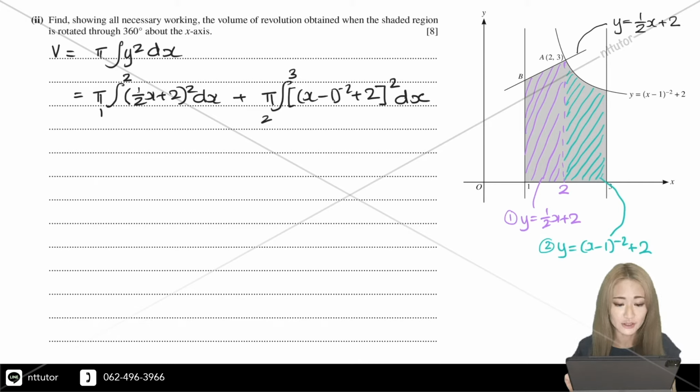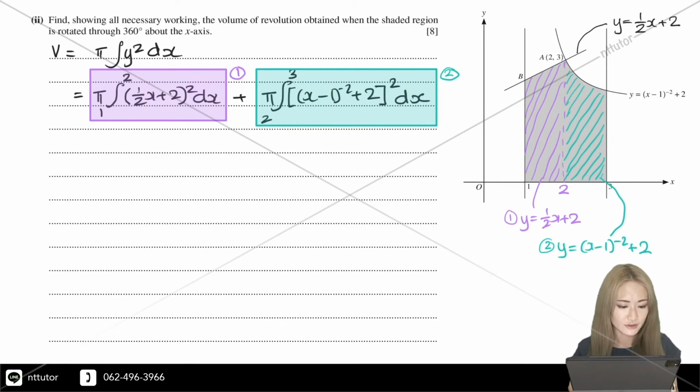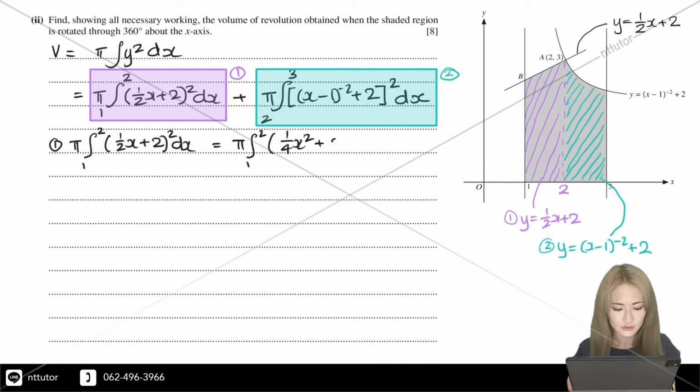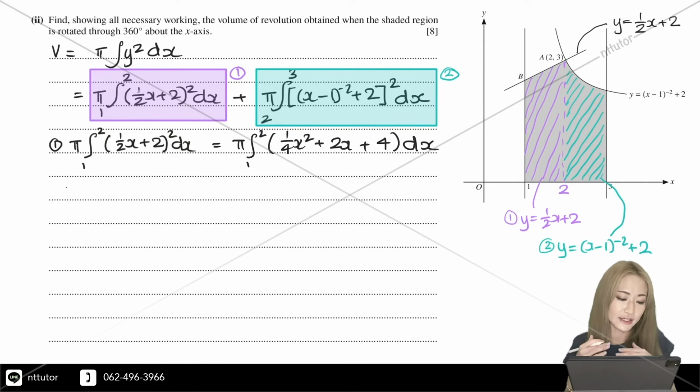So to find the volume, we need to work out this integration. So we can separate it into two parts. So for the first part, first we can expand the brackets to make it simpler. So after expanding the brackets, you can integrate each term like you normally do. So add 1 to the power and then divide by that power.